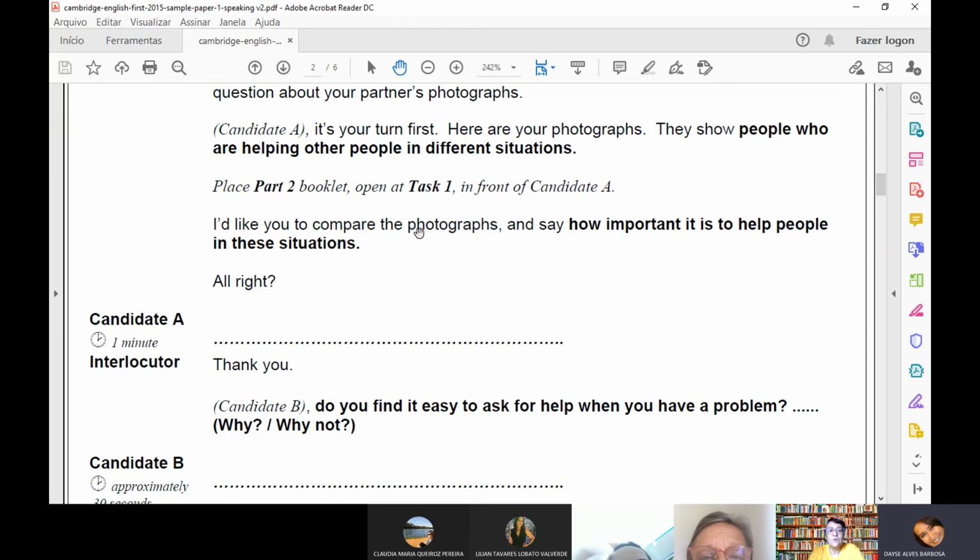In this case, they are 2, because there is a difference between C1 and B2. In B2, they give you the 2 photographs to compare. If you stop before 1 minute, the interlocutor will wait until the minute is over. So you have to prepare until the minute is over.